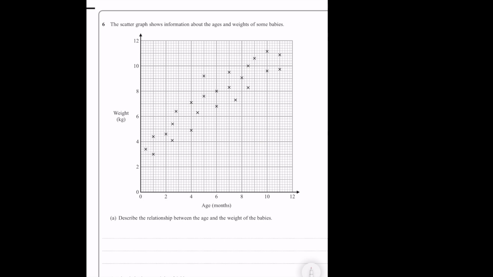And yeah, for the description, you must not just say positive correlation. You have to describe what you see. So I see here that as age increases, weight also increases.